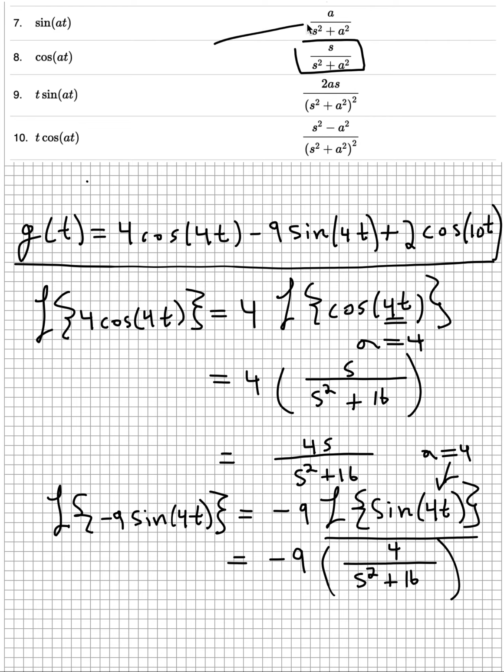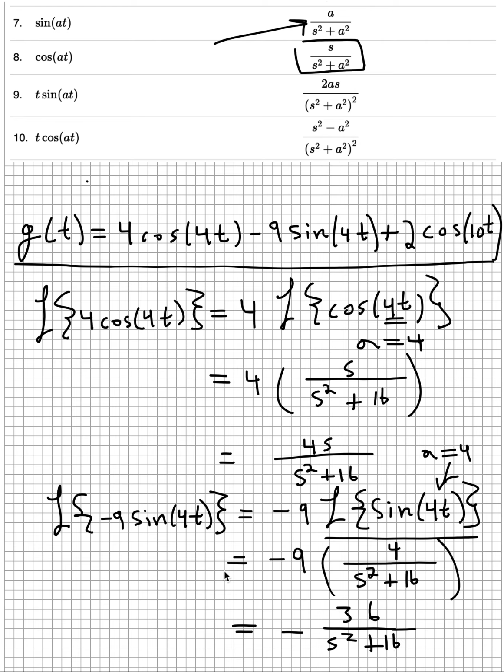And just so you guys know, it's coming from this term up here. That's where all of this is coming from. So simplifying that would give us very clearly -36 all divided by s squared plus 16. Okay? Not too bad at all.